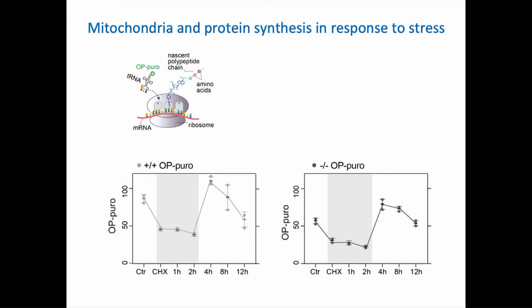This is very simple. OPP is a puromycin analog that is modified in such a way that you can make it fluorescent in the cell by a simple click reaction. It is incorporated into the growing peptide chain, and then you have a quantitative measure at a certain time point of how much protein is synthesized in the cell. And then you do this by FACS.